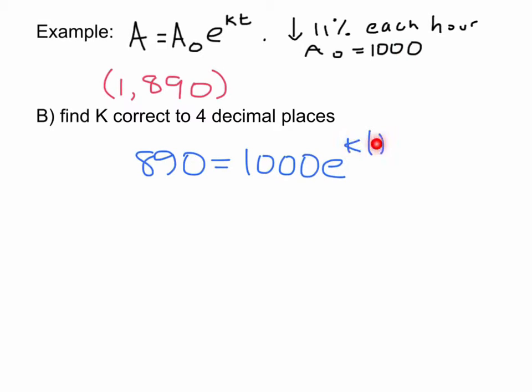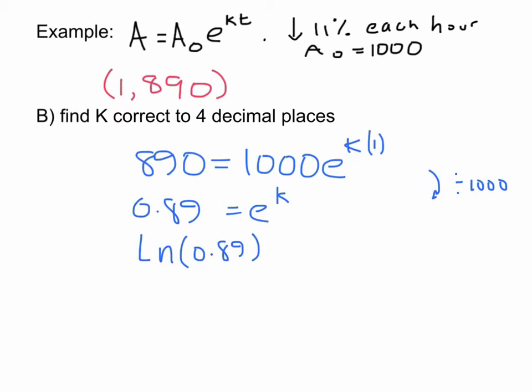K we're trying to find out, and 1 was the t value. So then we proceed to solve for k. So our first step is to divide by 1,000, which gives you 0.89 equals e to the power of k. And then you take logs of both sides, and if it's a natural log, we can write ln of 0.89 equals k.